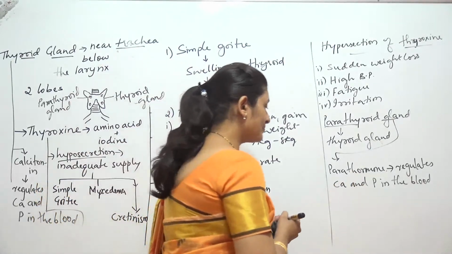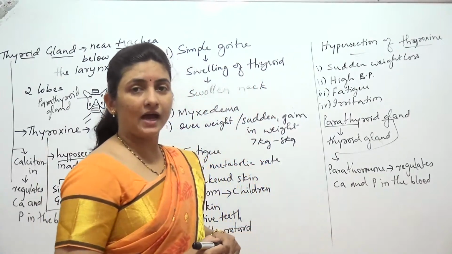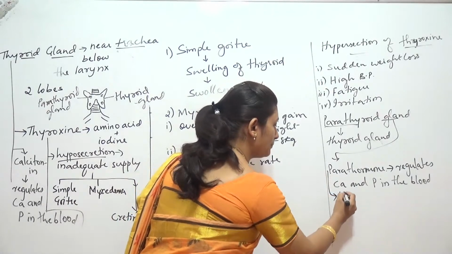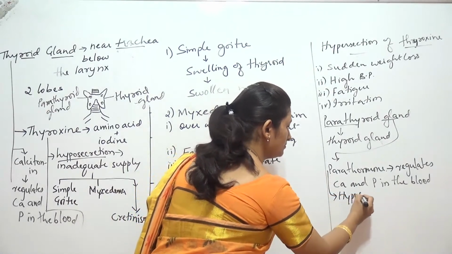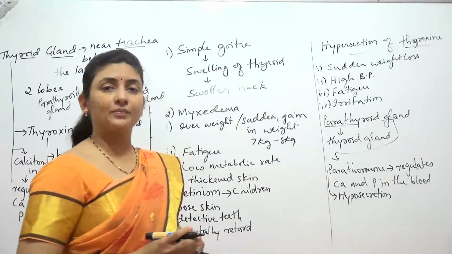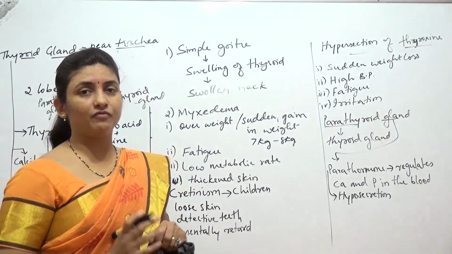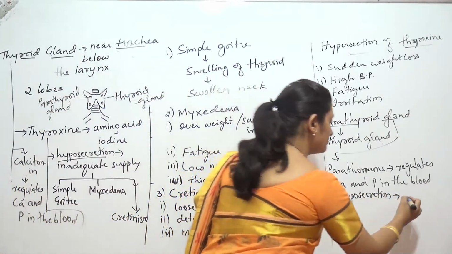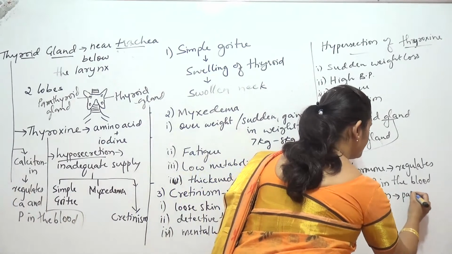Here, if we see the hyposecretion and the hypersecretion: if we see the hyposecretion, what does it do? When there is inadequate supply of parathormone in the body, what will happen? Hyposecretion results in painful muscle cramps.